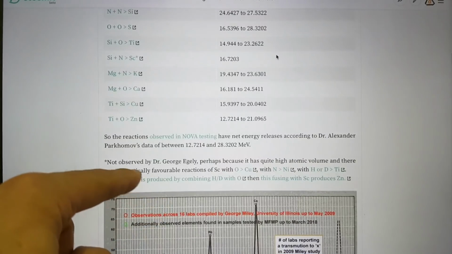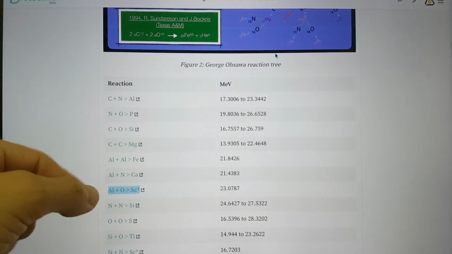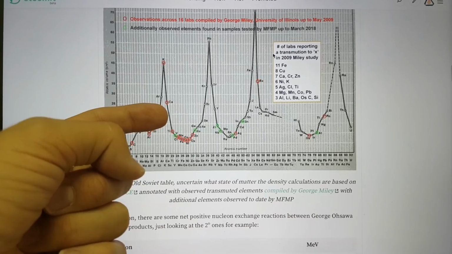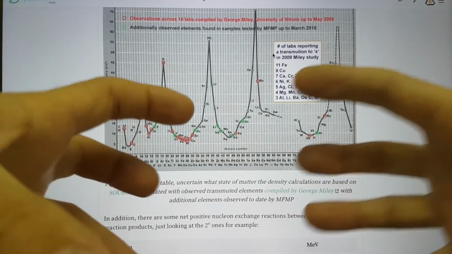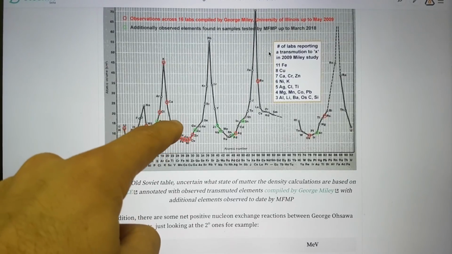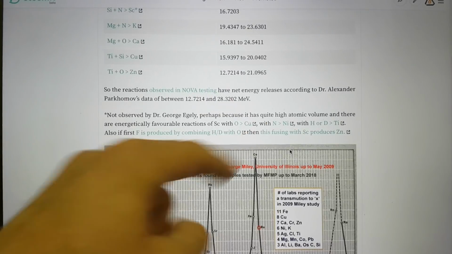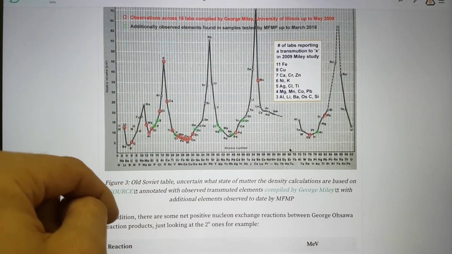And here's a practical example where the real data taken over many years points to the fact that you don't see scandium, and could it be because it has a high atomic volume and it's in this sort of box and it can't really expand out? It kind of wants to fuse with something else. So you're getting 3 going to 1 nucleon, and overall it takes a lower atomic volume.